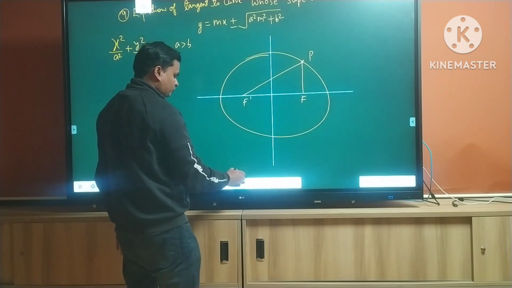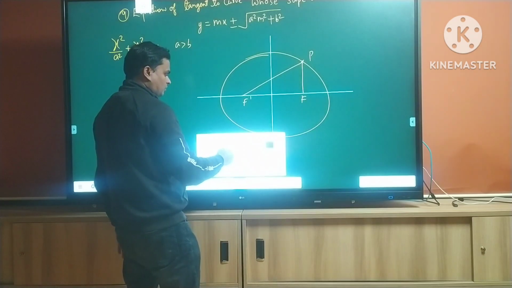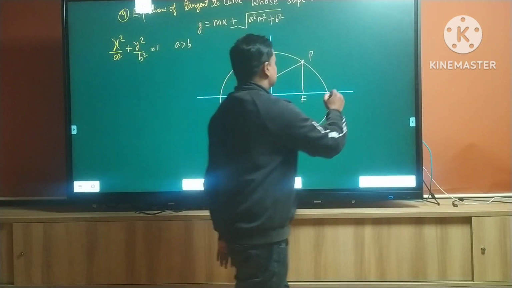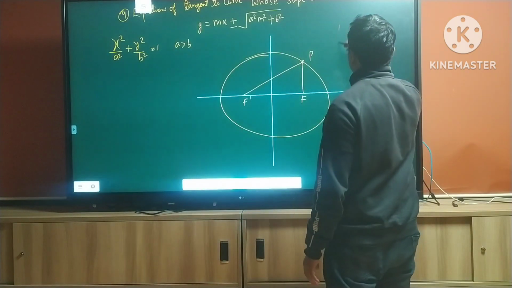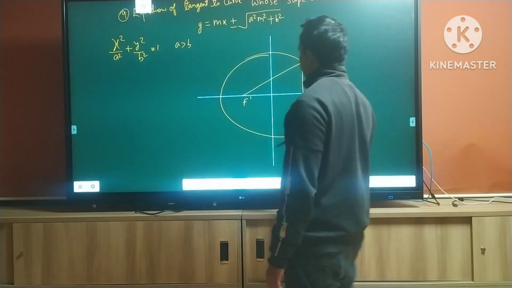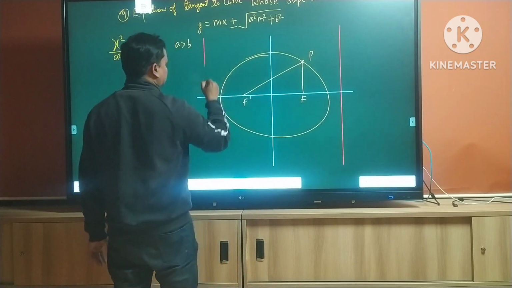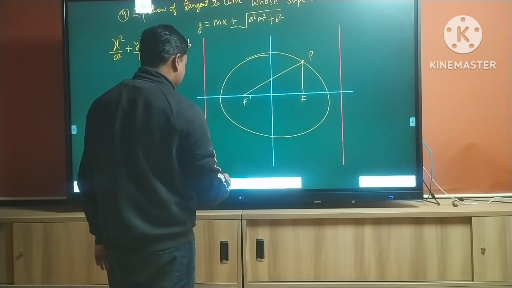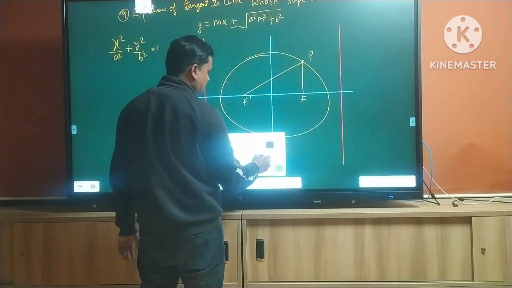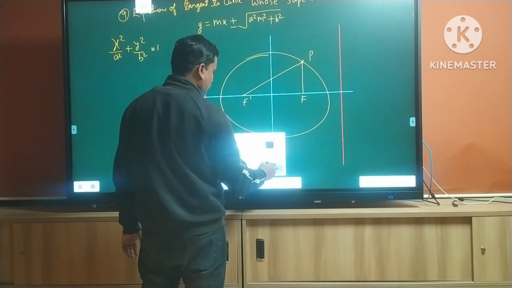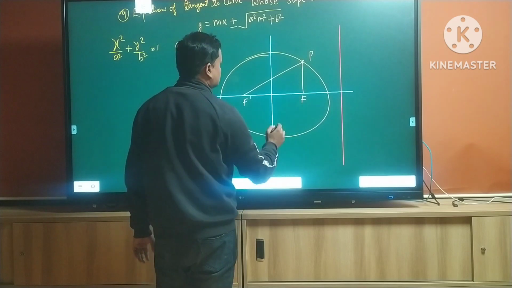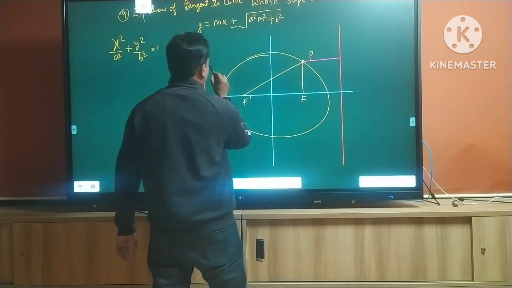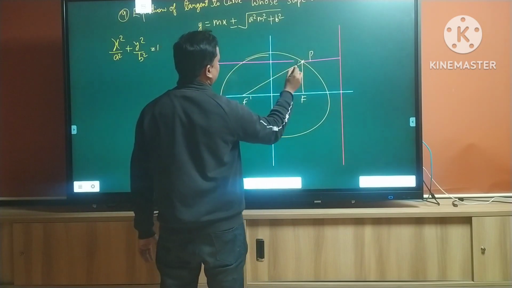Now what I will do? I will draw the two directrices. One may be here and one will be here, right? These are the two directrices. Now I want to measure the distance from P, so this is a perpendicular and this is another perpendicular.